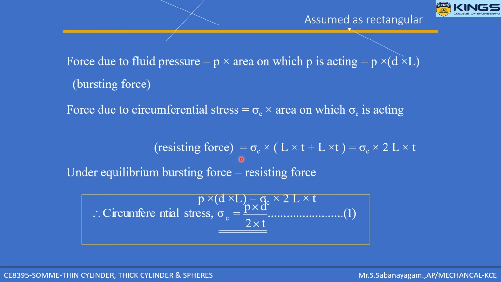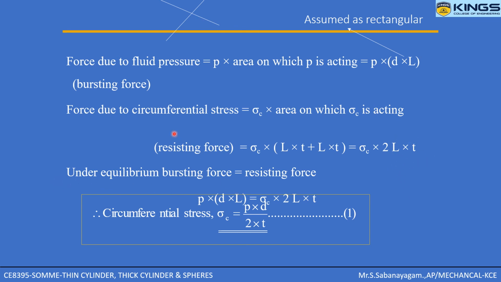So the resisting force is sigma c into the area of the rectangle, which is length into breadth, right? So in this hollow rectangular block, the length will be the length of the cylinder and thickness, and the breadth will be length into thickness. Hence sigma c into 2 of L into t.